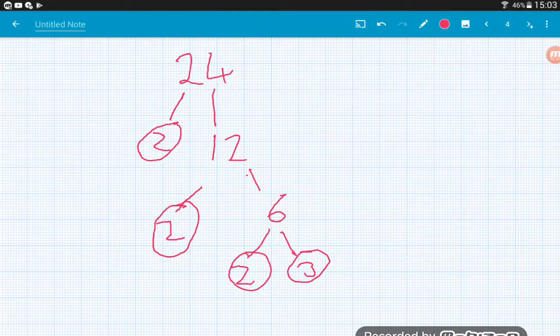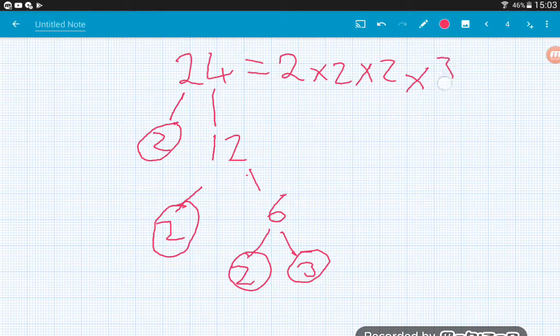And this is how we get our answer. We can say that 24 is equal to 2 times 2 times 2 times 3, so all of the circled numbers multiplied together. Then we can sharpen that up a little bit. 2 times 2 times 2 we would write as 2 to the power of 3, times 3.